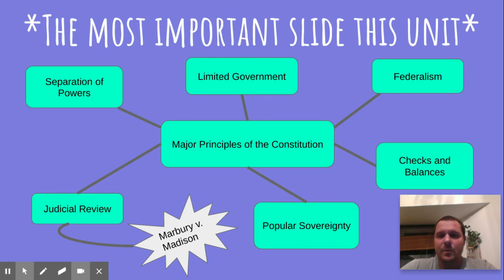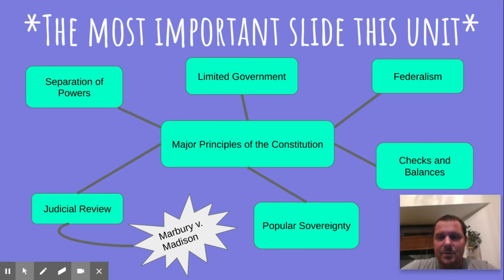The next that we will look at over here at about 1:30 is federalism. So federalism may be the most important of all of these principles because federalism is how power is divided in the United States between the national government and the state governments. Probably a key word to remember is even though power is divided, power is technically shared. It is not equal.